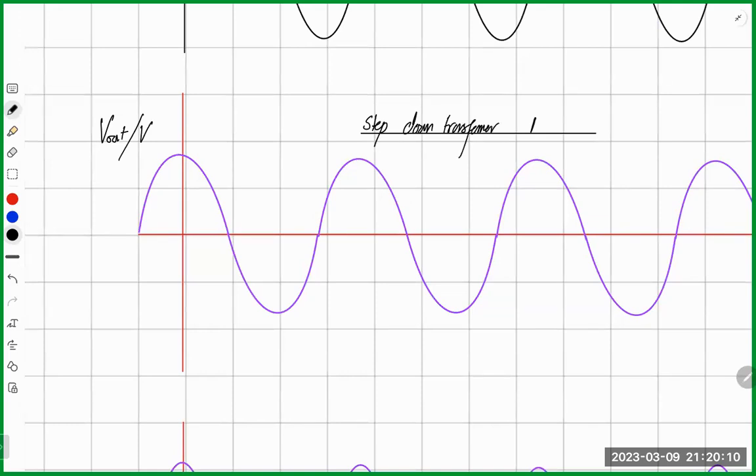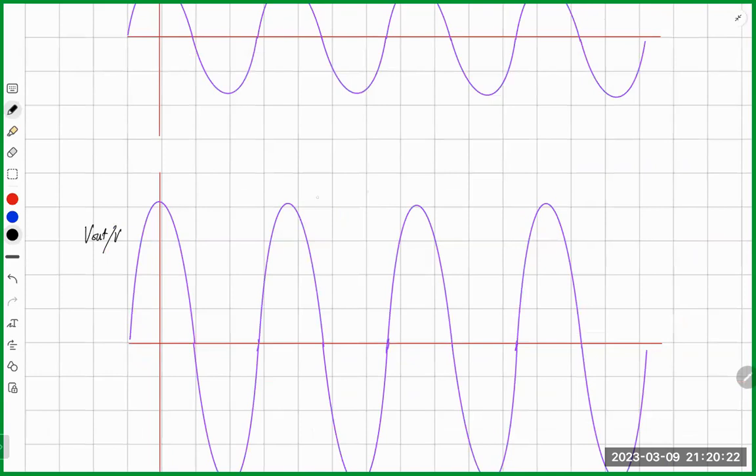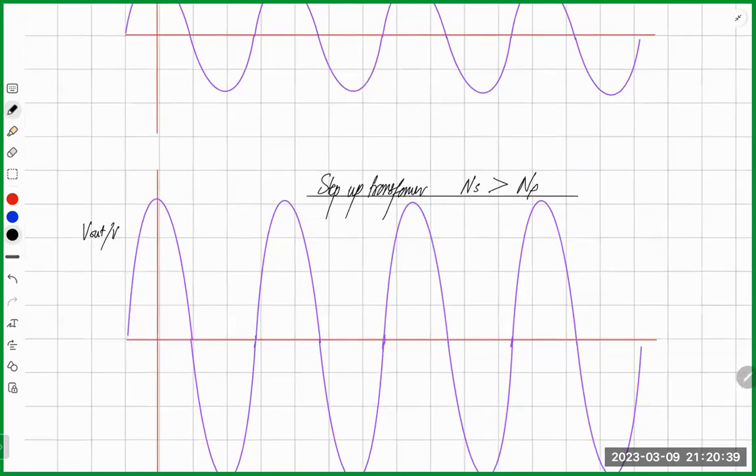Number of turns in secondary coil is less than number of turns in primary coil. And this is V out in volts. And this is for step up transformer. Number of turns is more in secondary than in primary. That is why voltage in secondary is also more than voltage in primary.